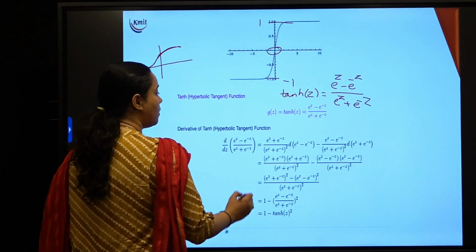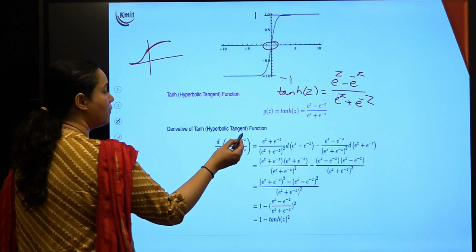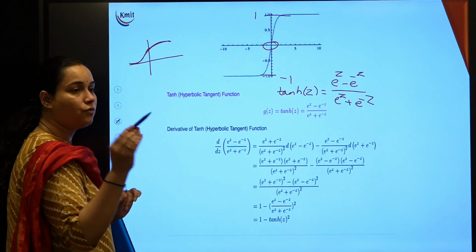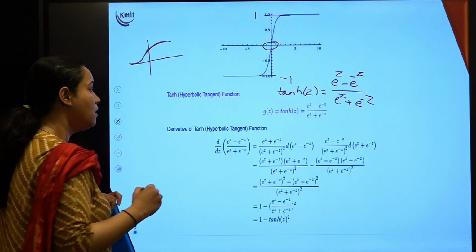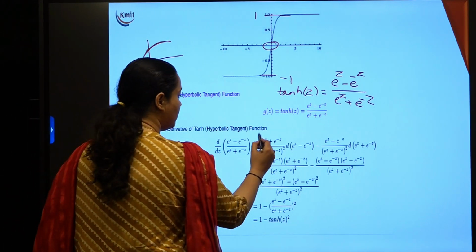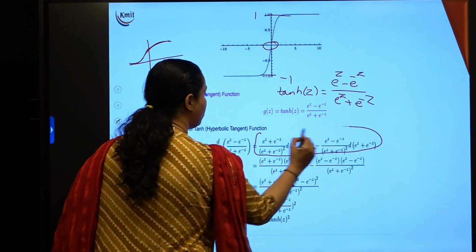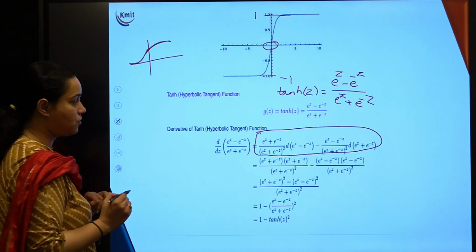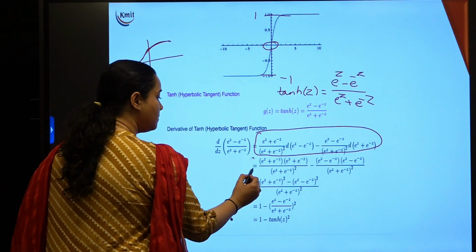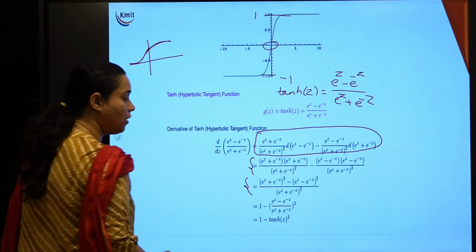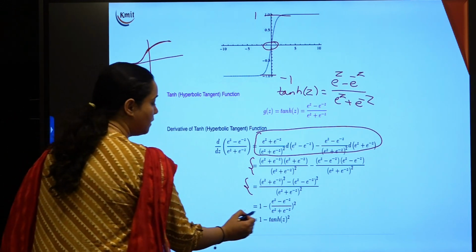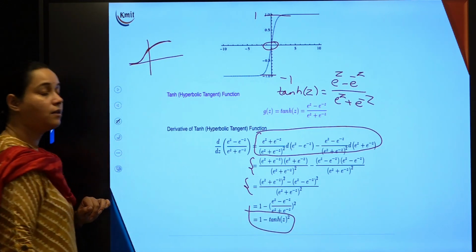So, this is what I am getting, v u dash minus u v dash by v square. If you use the suitable formula of u by v differentiation and solve it properly, you will definitely get this particular answer, which is 1 minus tan hyperbolic square.